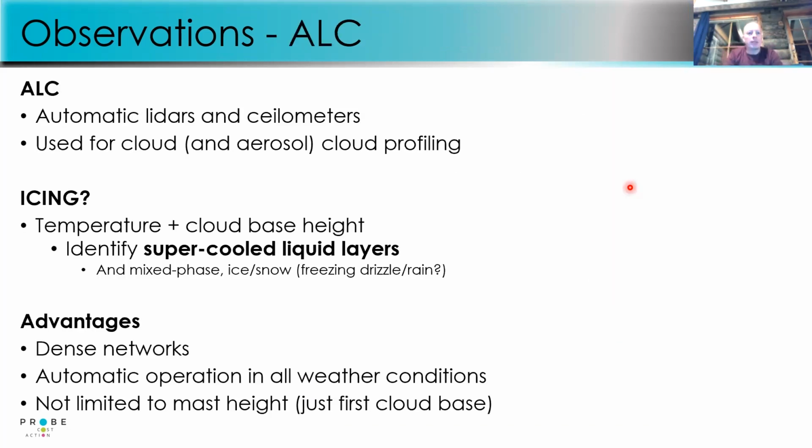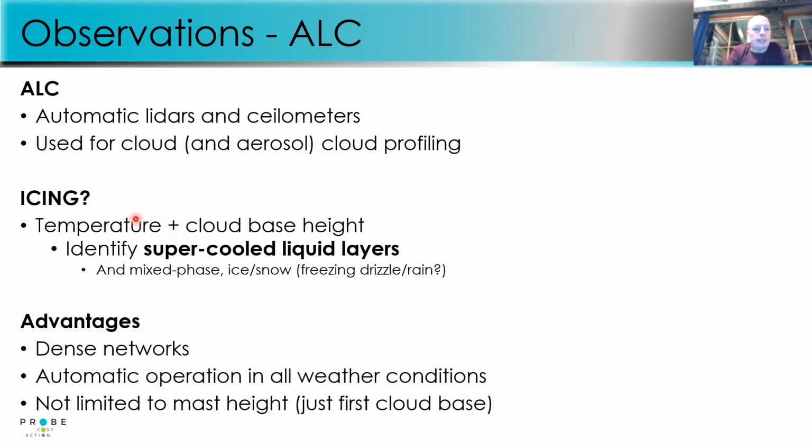So what we're thinking about here, obviously one of our favorite instruments, is the automatic LiDAR and ceilometer, so ALC, which is typically used for cloud aerosol profiling. The point about using this for icing is that we're interested in identifying supercooled liquid layers, which are the ones that are most responsible for icing conditions. And I'll show you that a little bit later.